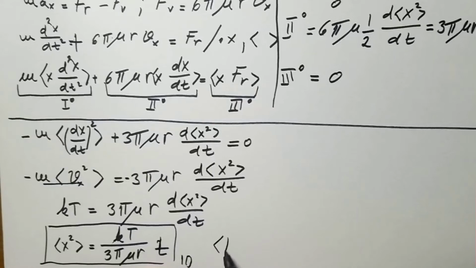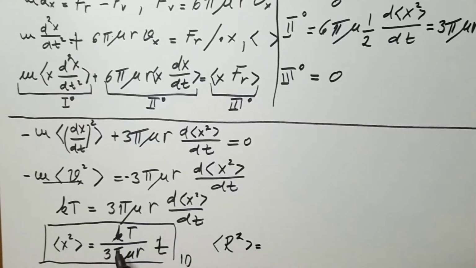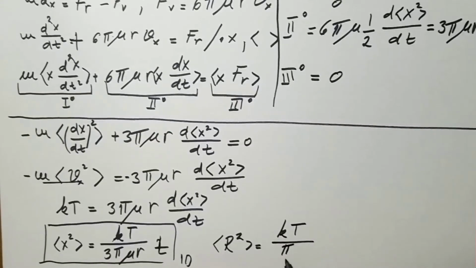And this is the expression if I consider the one-dimensional case. Similar to the previous video, I can extend this to 3 dimensions, where r is distance in 3 dimensions, and then mean square displacement in 3 dimensions. I just multiply this with 3, which means that just these 3 will disappear. I get kT over pi mu r times t.